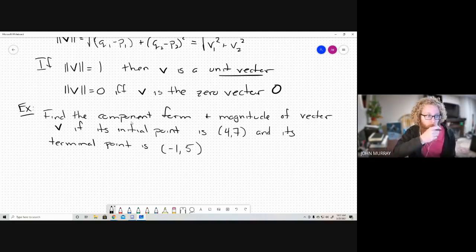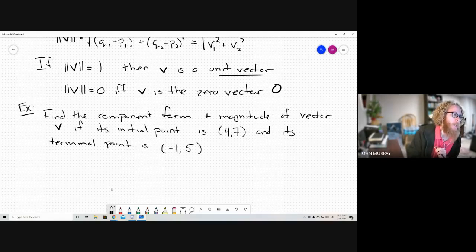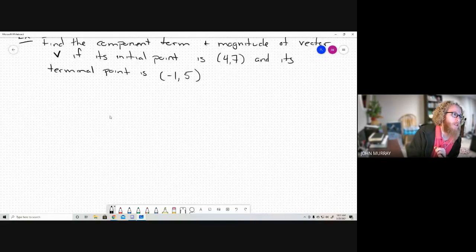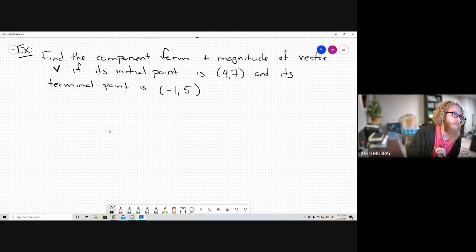We want to find the component form and magnitude of vector v if its initial point is (4, 7) and its terminal point is (-1, 5).